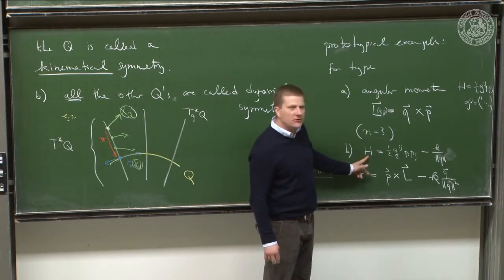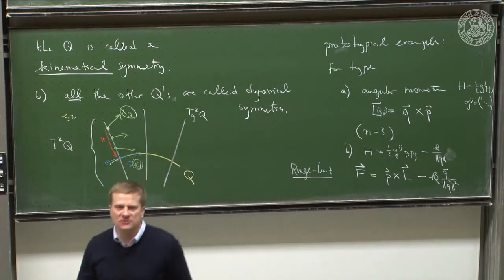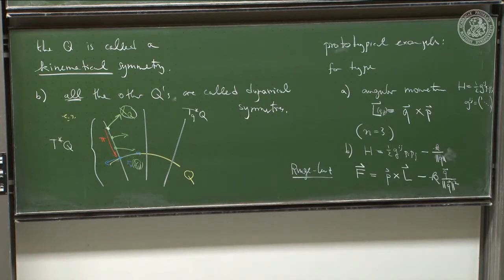And one can see this very quickly, but we'll do this after the break, when we'll also develop the theory of Killing tensors. So far we talked about Killing vectors, and with Killing vectors, you understand the kinematical symmetries on the Q manifold, on the Riemannian Q manifold.